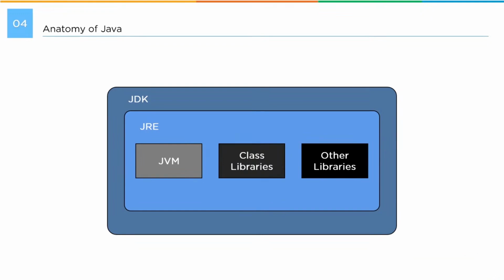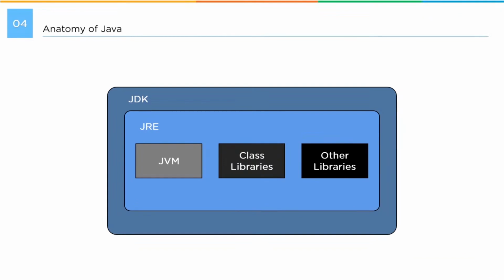So let us understand what happens when your program is run and how these components work together to make sure that your program runs as expected. Let's start from here. So you install JDK, you write your program, and then you compile your program with the help of the Java compiler, which is provided by JDK.